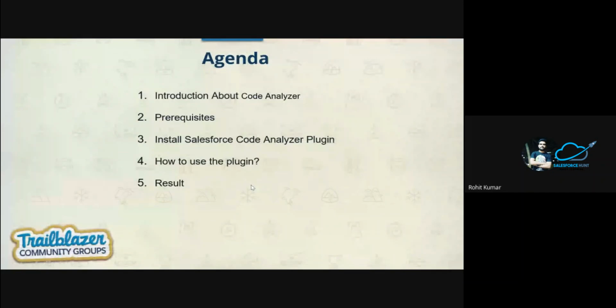What is the output of the Code Analyzer plugin? We will see that. We can check the result in different file types, like a .csv file, PDF file, or Excel file, based on your needs. So you can change the extension.